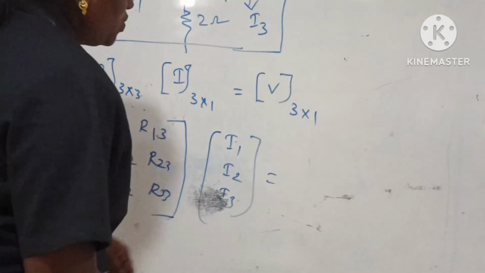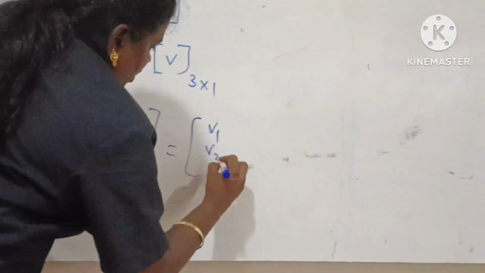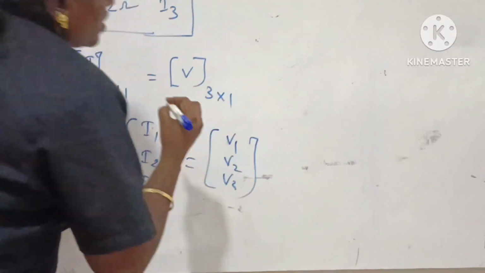Next, the current matrix I1, I2, I3, and the voltage matrix V1, V2 and V3.